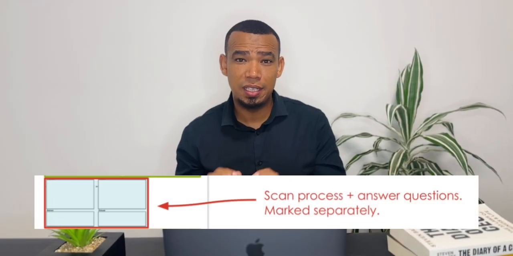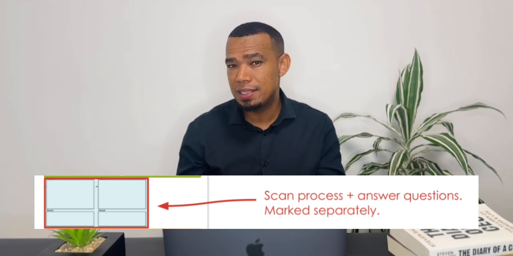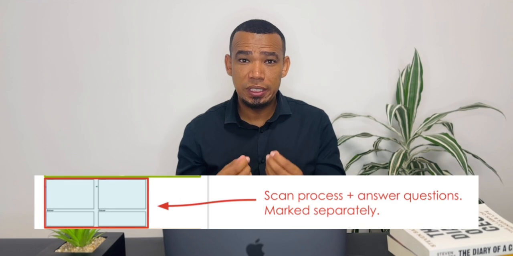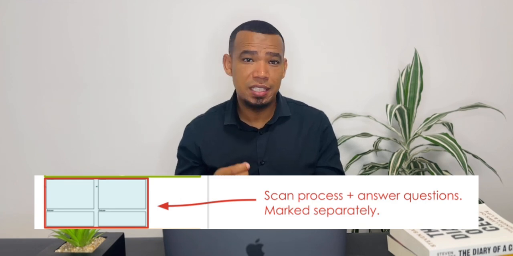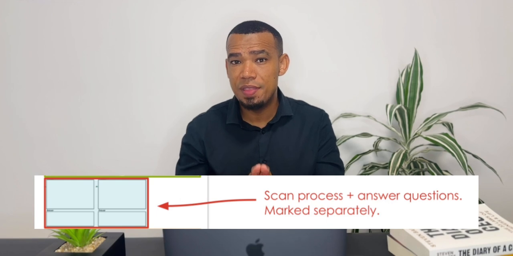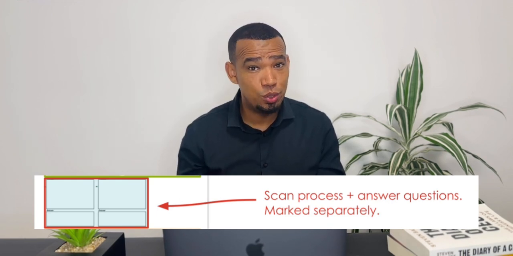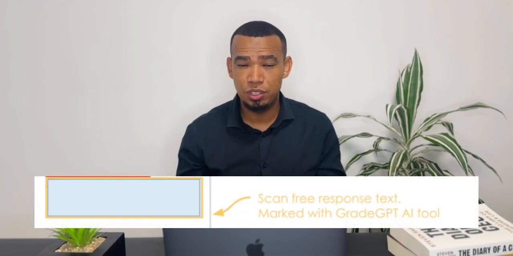The third one is scan, process, plus answer questions. And this type is more for our maths teachers, because here students can show how they worked out a maths equation and then have the answer as well, which is very, very good to have and to see how our learners think. Then the final one is the free response type.